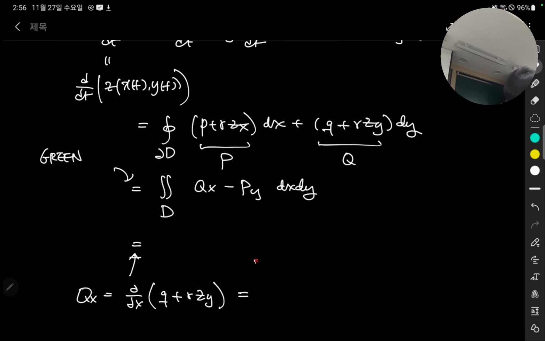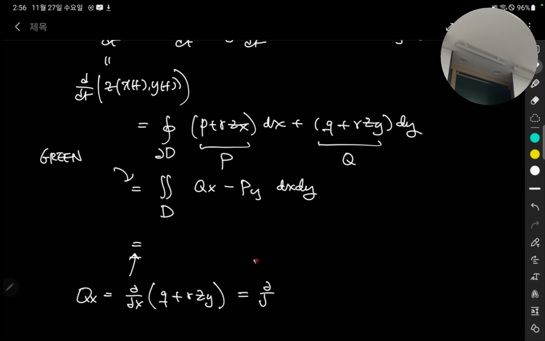Even though the large P and large Q are in terms of x and y, the small p, small q, and r are functions of x, y, and z. These small p, q, r are given as three-variable functions, so you have to be careful when you take the partial derivative there.